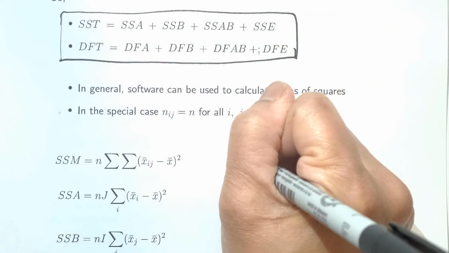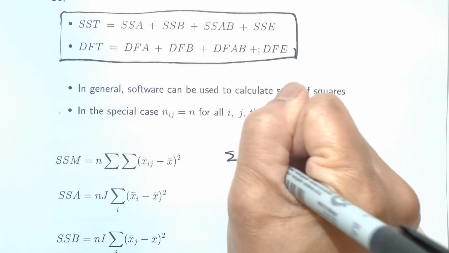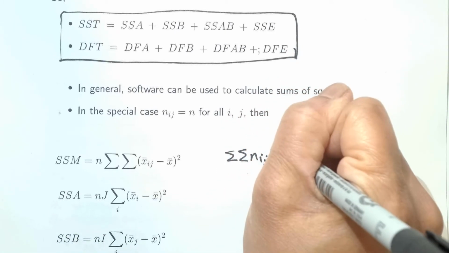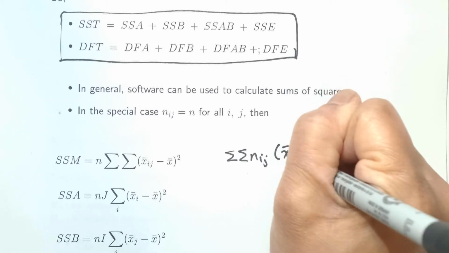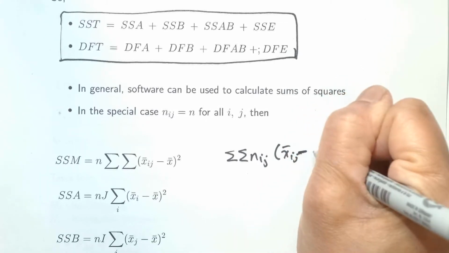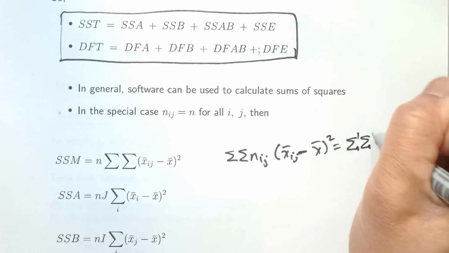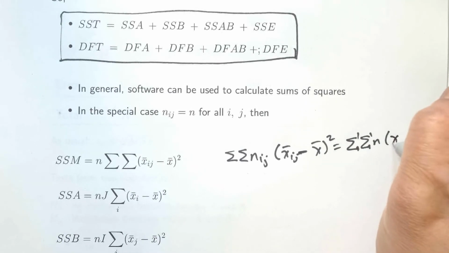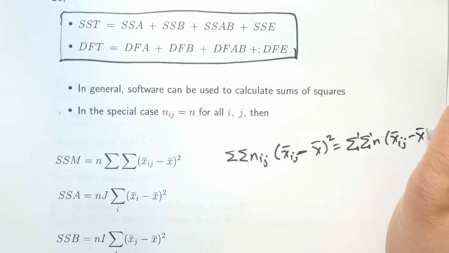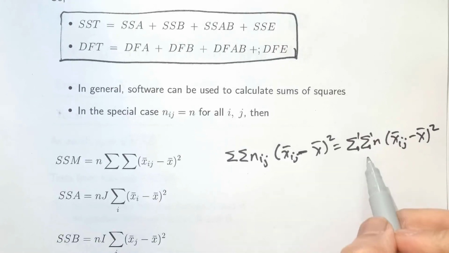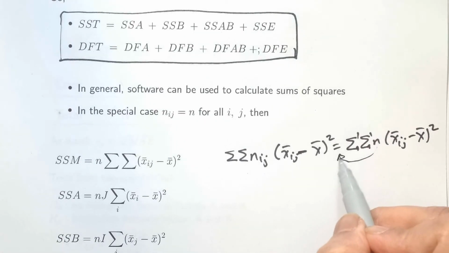So we had before the double sum of Nij times x bar ij minus x bar squared. But we can replace it by n. And now we can see that this n can be brought outside.